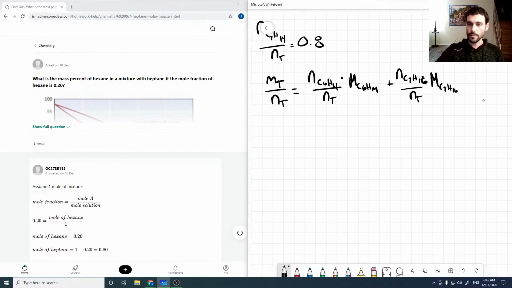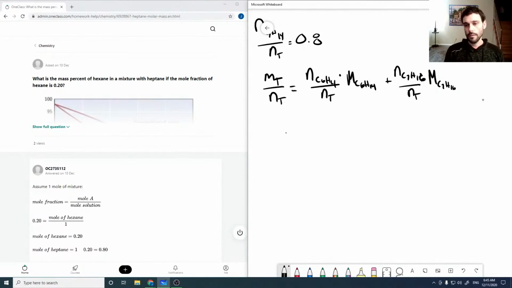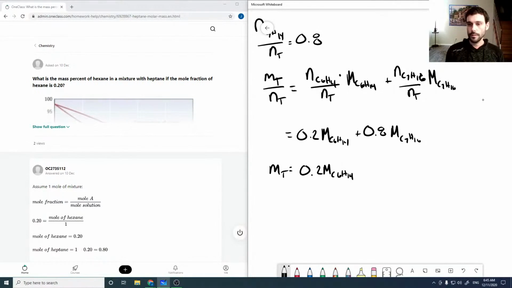So just using the factors we have, this is 0.2 plus 0.8. Our mass total is then just 0.2 times the C6H14 molar mass plus 0.8 times our heptane molar mass, times our N total.